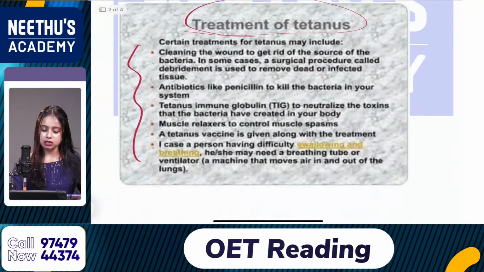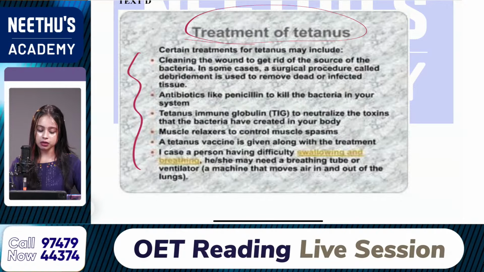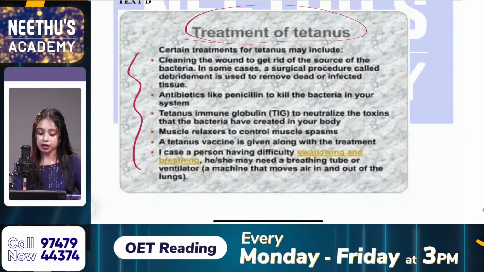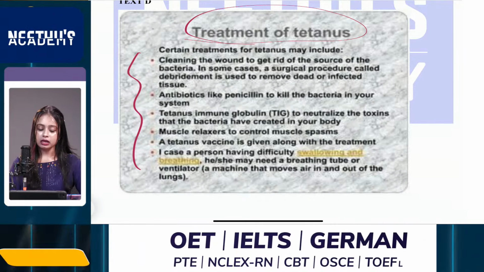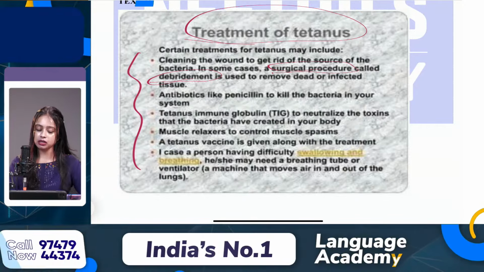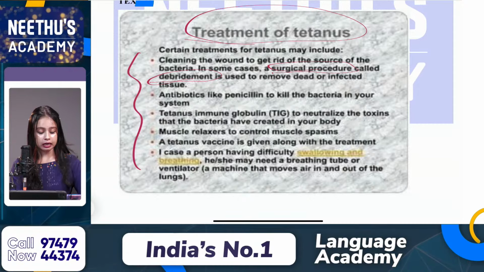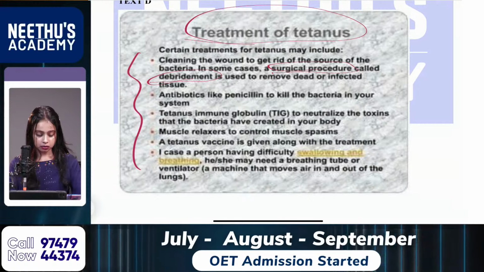It is from text D, because it is treatment. So what is the treatment here? First bullet point, cleaning the wound to get rid of the source of the bacteria. In some cases, a surgical procedure called debridement is used to remove dead or infected tissue. So the answer should be debridement. Yes, from text D. Very good.